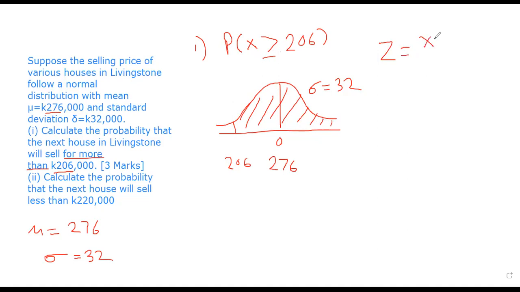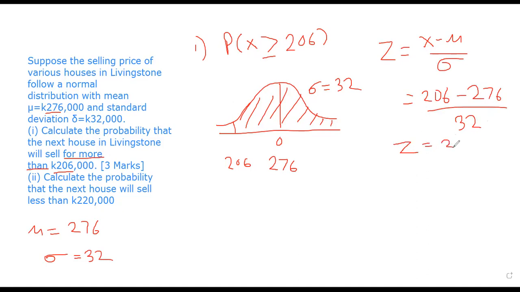So I want to standardize this 206. Help me standardize this 206. So we're going to get 206 minus 276 divided by 32. Good. What are we getting? Negative 2.19.